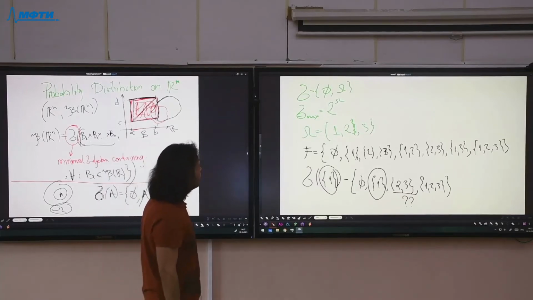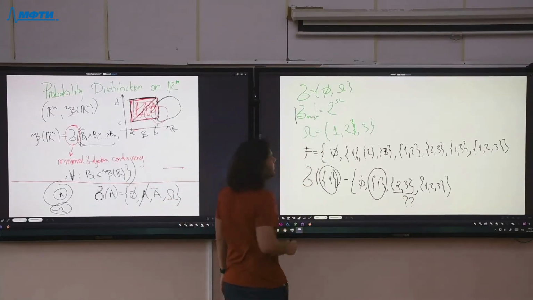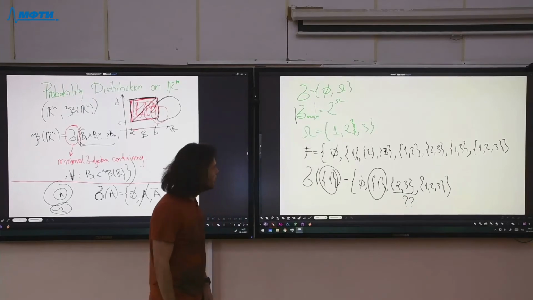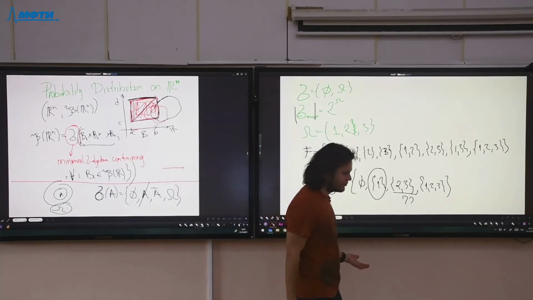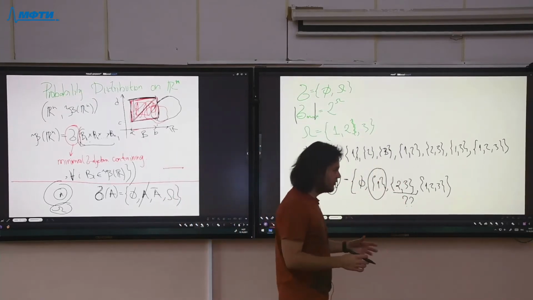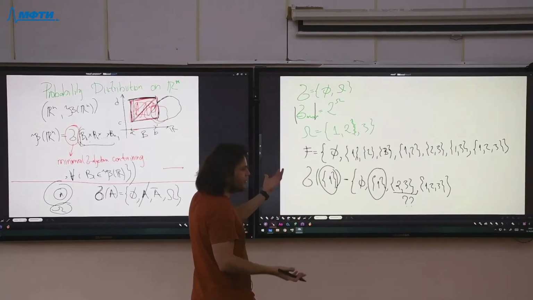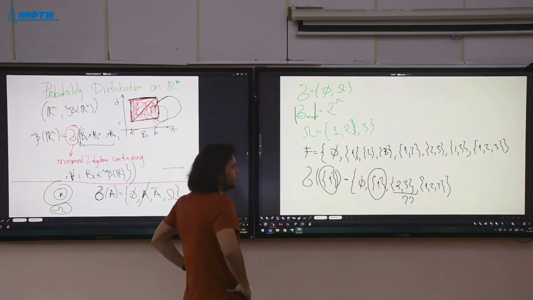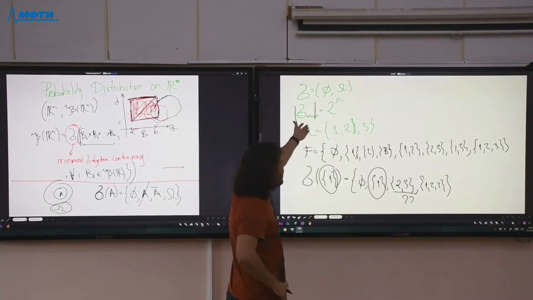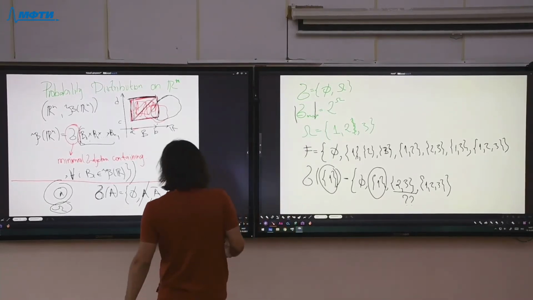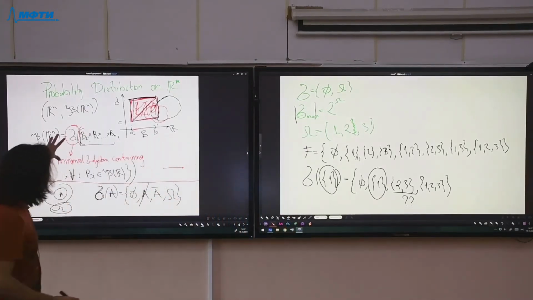Nope, because that's how many we have, so that's the cardinality, not the set itself. Okay. So there are different ways to write the power set, but I write it like this.